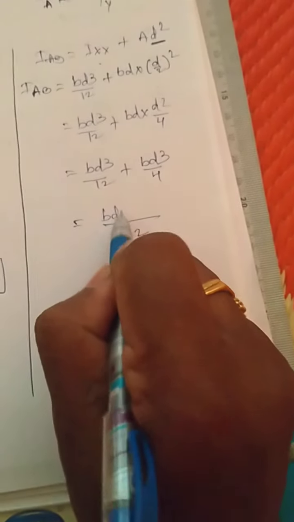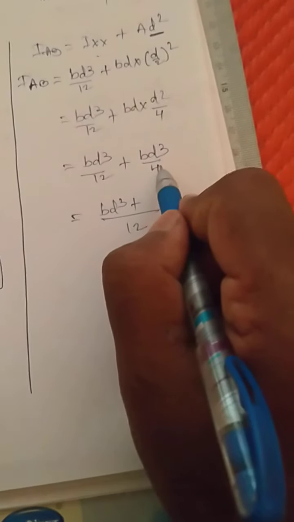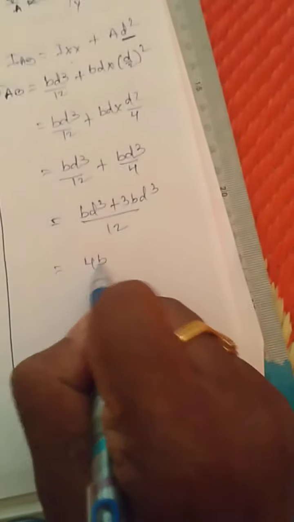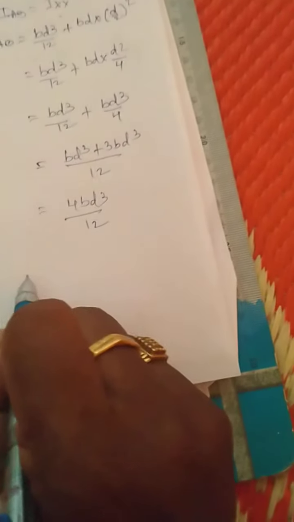Here it becomes bd cube plus 3 bd cube, so 4 bd cube by 12. So 4 threes are 12, so IAB is equal to bd cube by 3. There is the answer.